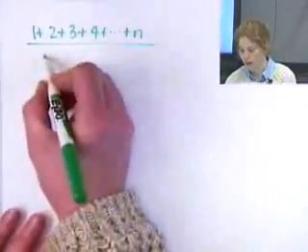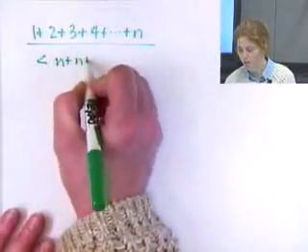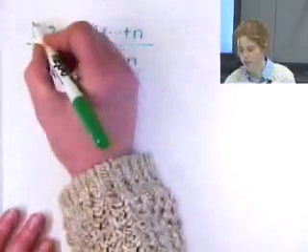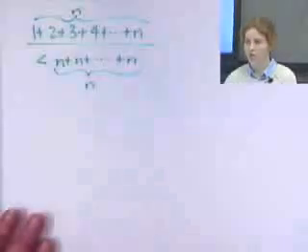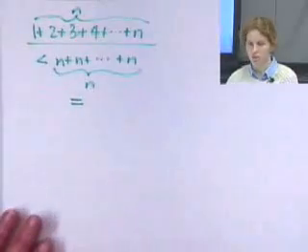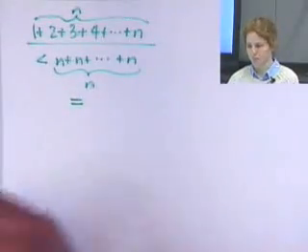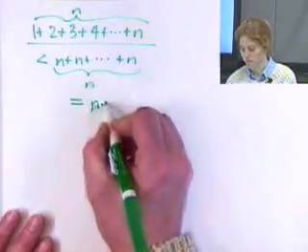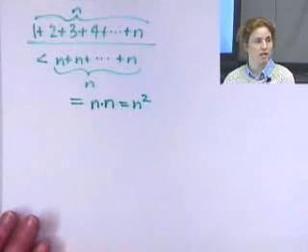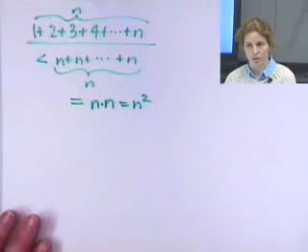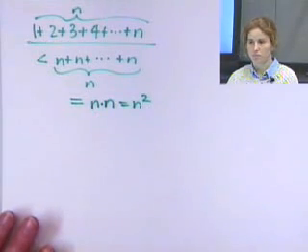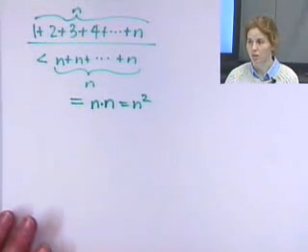So I could say that's less than n plus dot dot dot plus n, and those would be n terms, as long as I have n of them. So what's on the right-hand side? That's equal to n times n, which is n squared. So the big O of this is not n, it's n squared. That's why it's important to take every single term, replace it with the largest term, and then count them up.